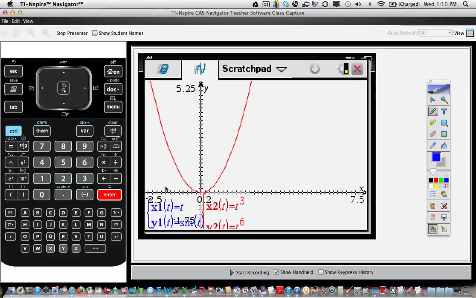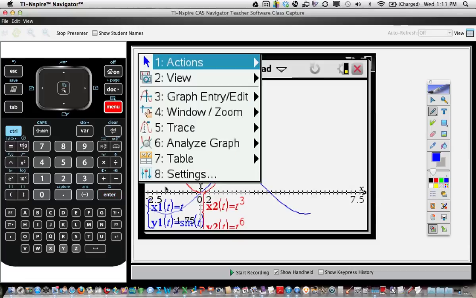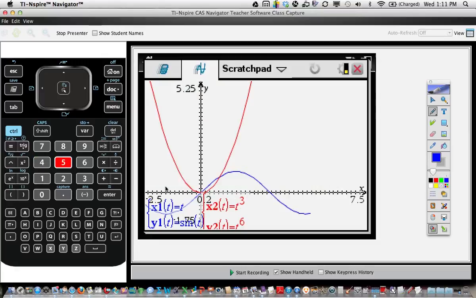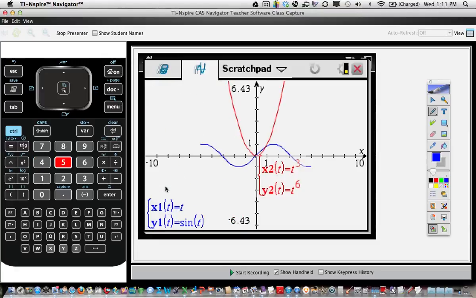That'd be fine. And then just do a standard window. Just do a zoom standard real quick. Okay, and so we just did from -5 to 5. T and x are the same, so that's a piece of the sine graph from there.